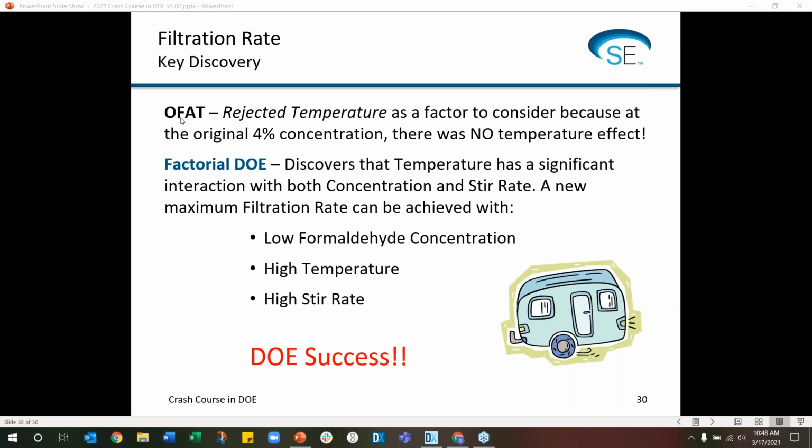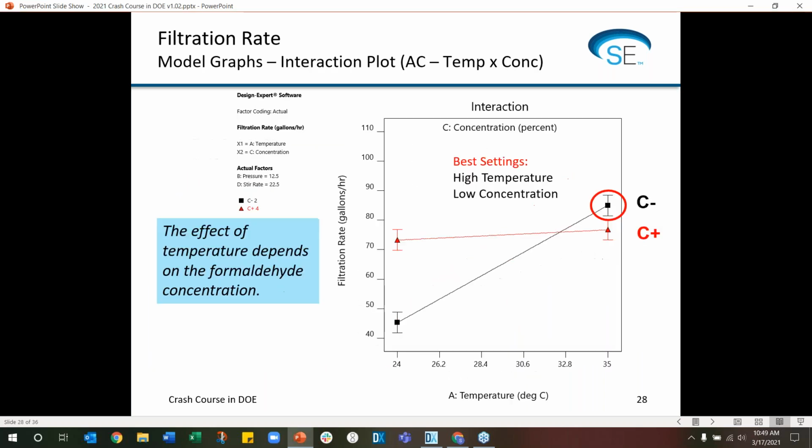If we had taken this back to our original team and asked them to think about what factors they would have studied, temperature probably would have been rejected as a factor to study because at the original 4% formaldehyde concentration, there was no temperature effect. How do we see that?